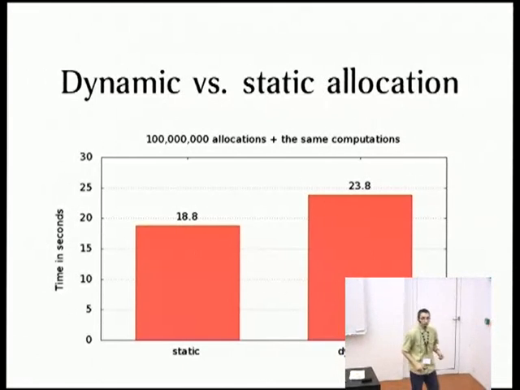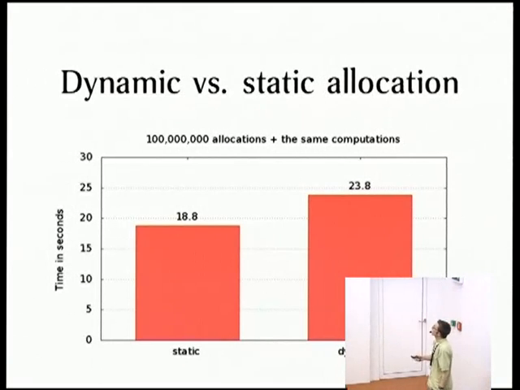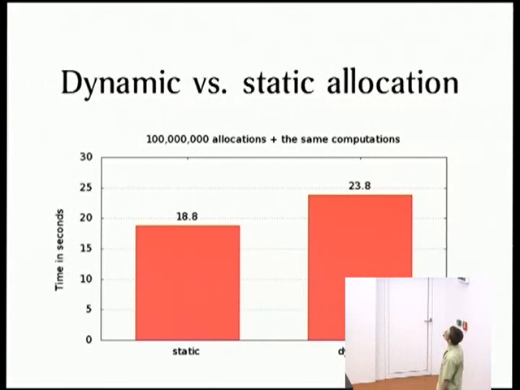Here you can see what difference it makes if you do 100 million allocations and some stuff. Whether you allocate statically or dynamically, the difference is 5 seconds, which is quite a lot.